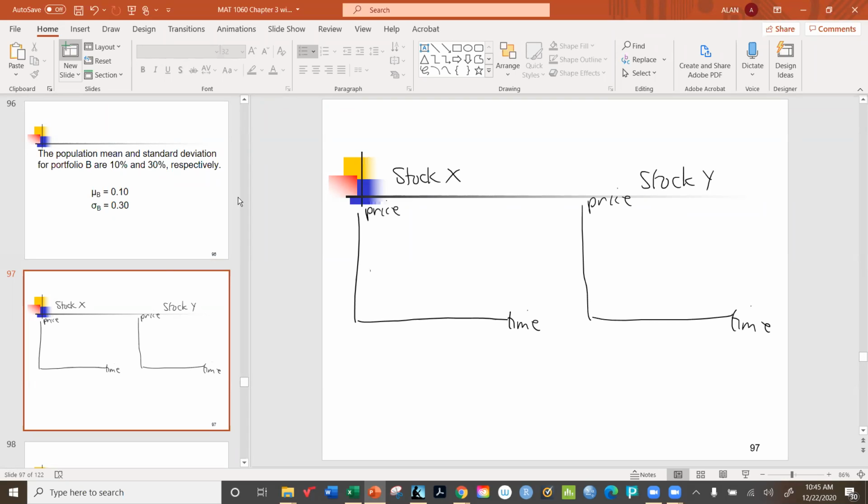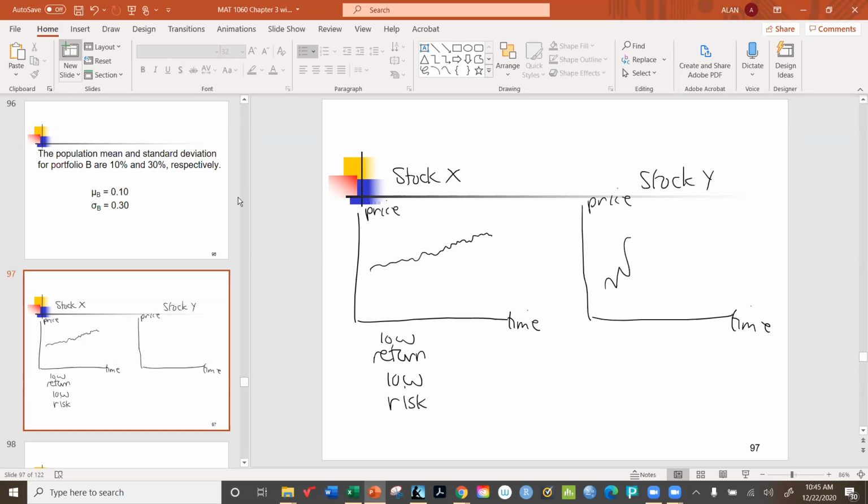Stock X is very, very stable. The price hardly ever changes. On average, if you notice, the price is rising, so the return is low. But you also don't see these enormous fluctuations, so you also have a low level of risk.